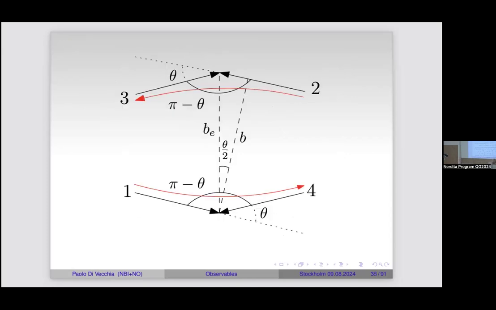People have learned by now that there are two impact parameters. There is this b that is orthogonal to P1 and P2, but there is also the b_e, the b that you get in the eikonal, which is orthogonal to the P tilde's. P2 tilde is around this direction, and P1 tilde is around this direction.